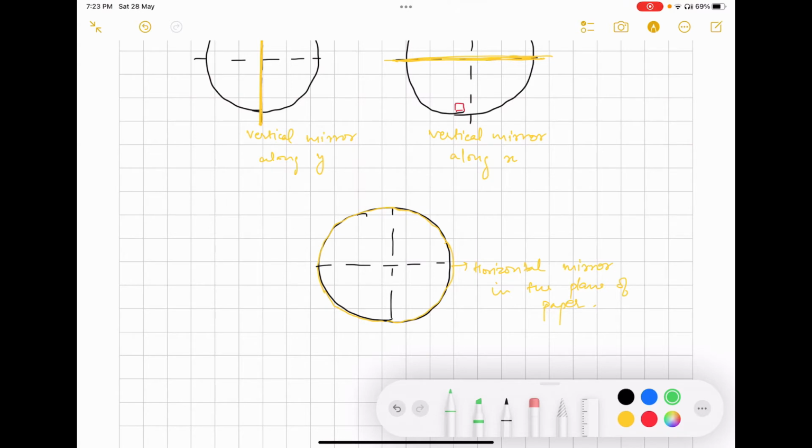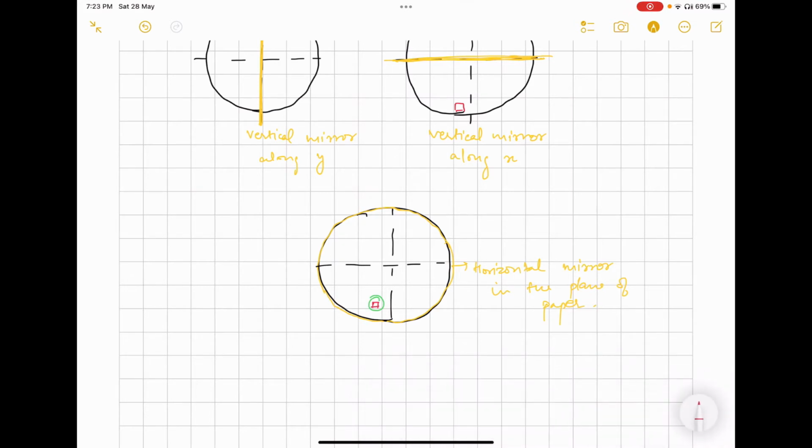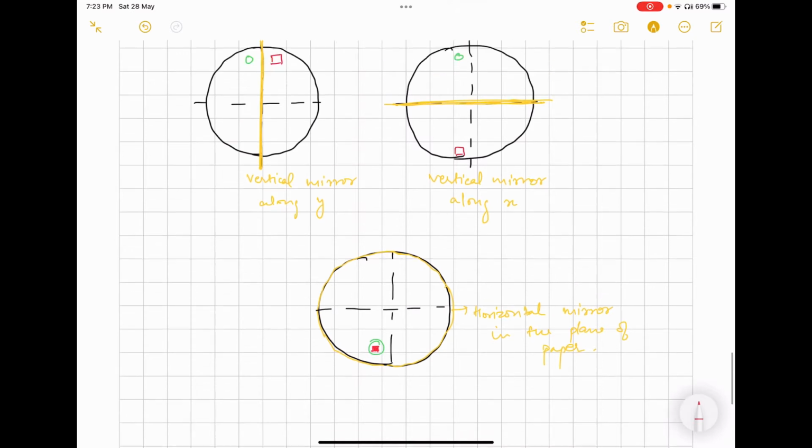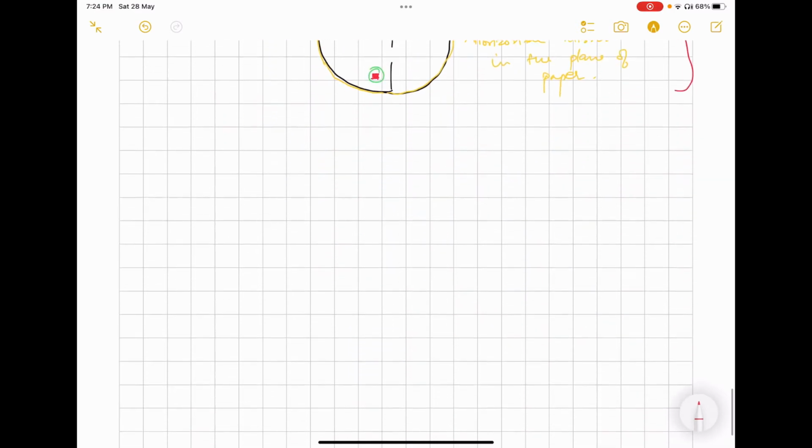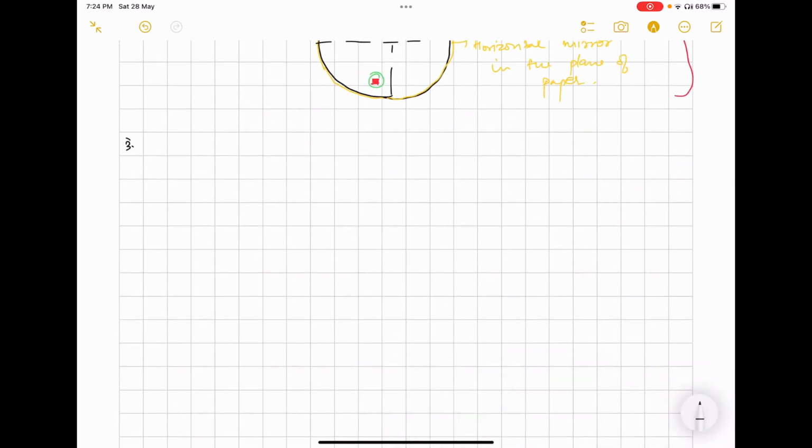If this is my right-handed object above the plane, then in horizontal mirror it becomes a left-handed object below the plane. Okay. So these are different kinds of mirror operations. So we have seen translation, inversion and mirror. Now let us move to the next and a very important one, that is a rotation axis.